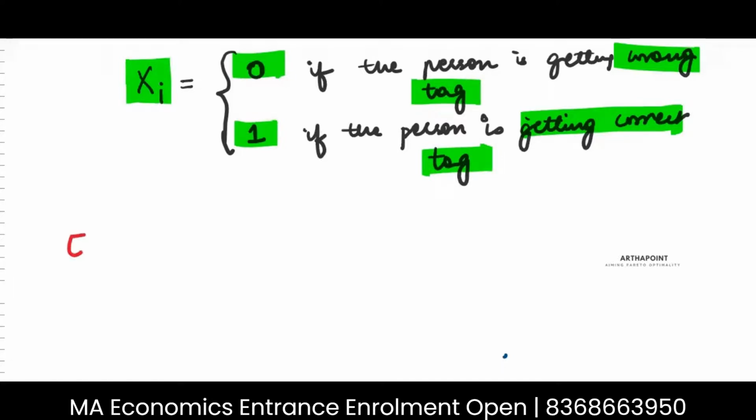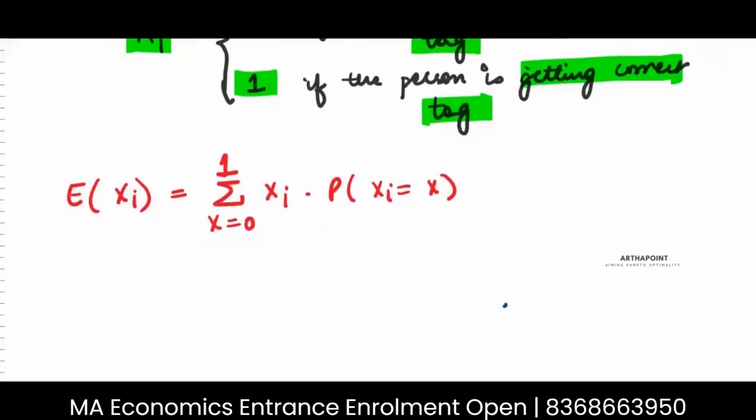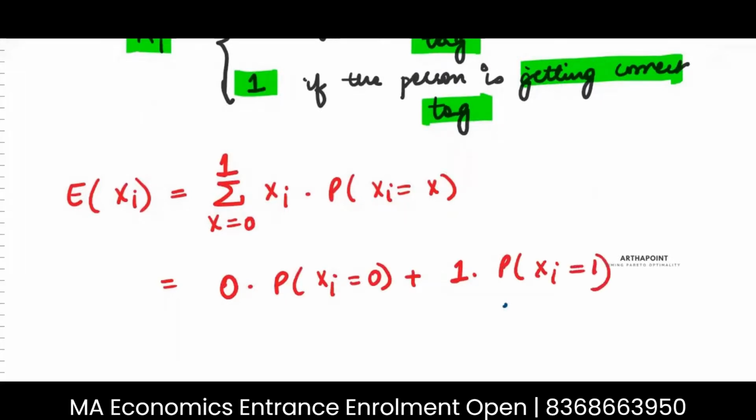Now I have to find the expected value of xi. So the expected value of xi will be the sum of x into the probability that xi is equal to x, and x can take only two values, 0 or 1. So this will be 0 into the probability that xi is 0 plus 1 into the probability that xi is 1.